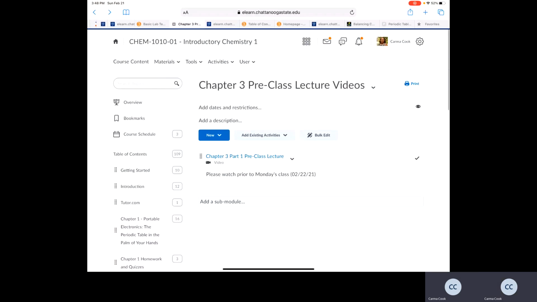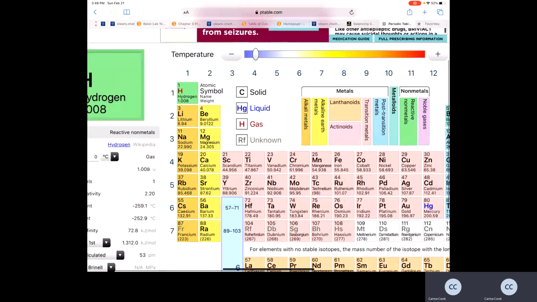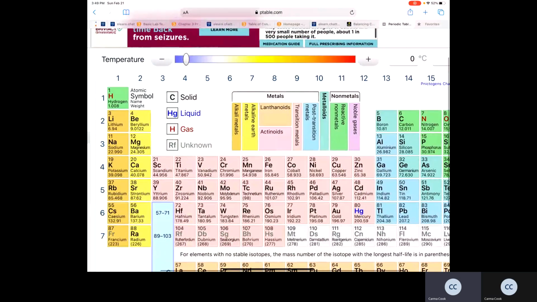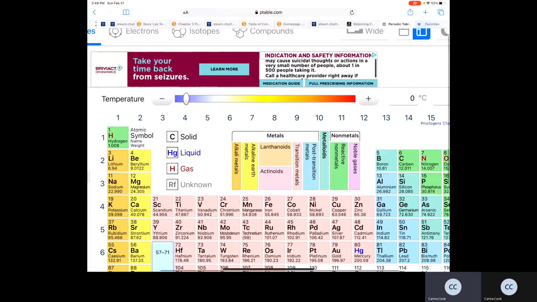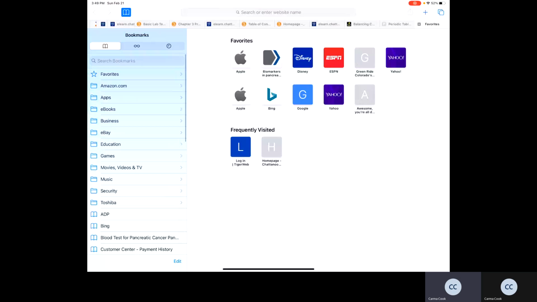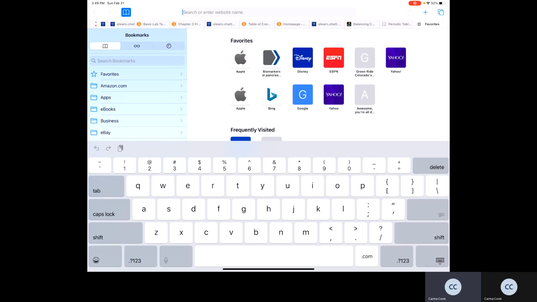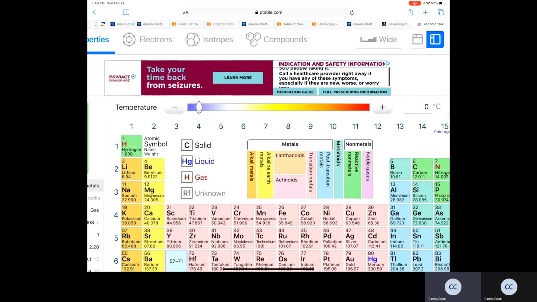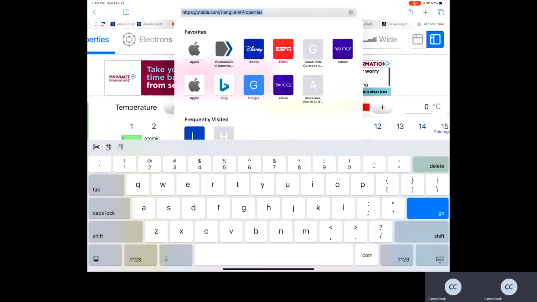And so if we took a look at a picture of the periodic table, I want a more modern one.